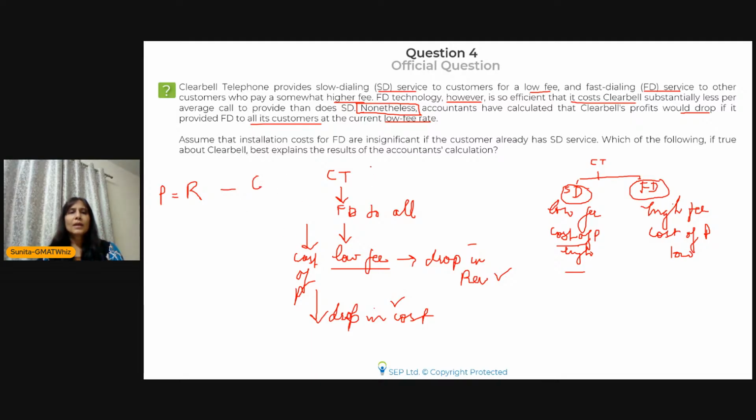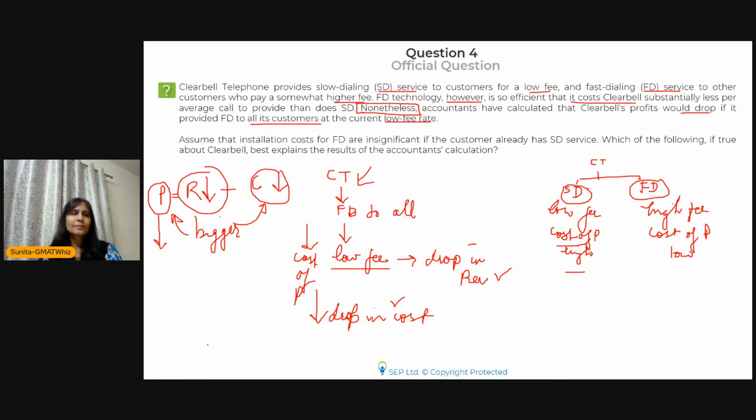Now, in this scenario, cost is dropping, revenue is also dropping. So under what circumstances will the profit drop? The profit will drop if the drop in revenue is bigger than the drop in cost.